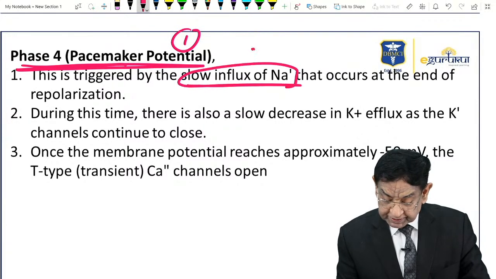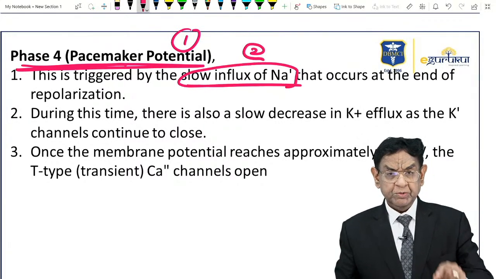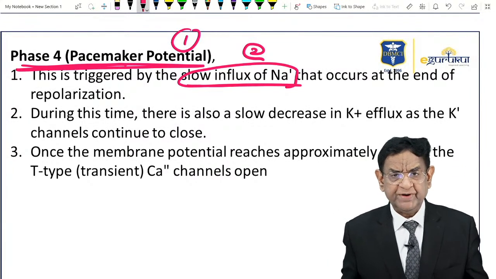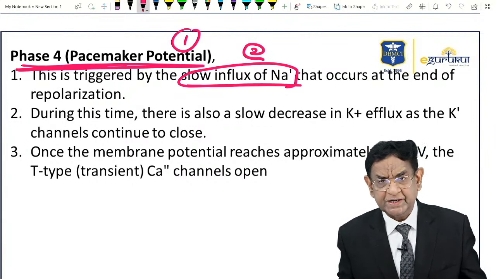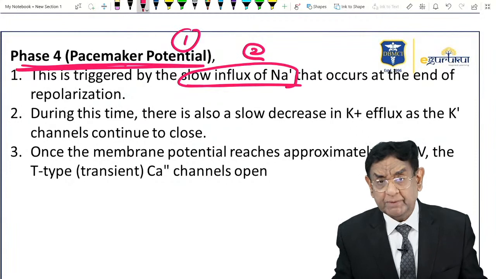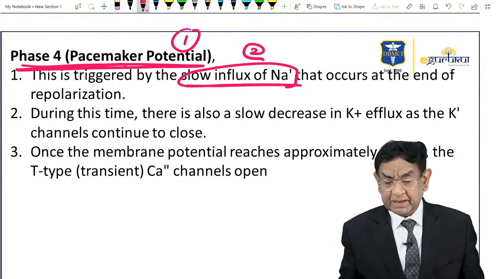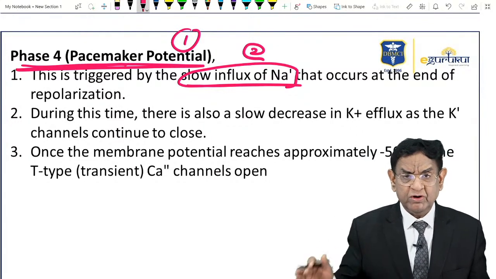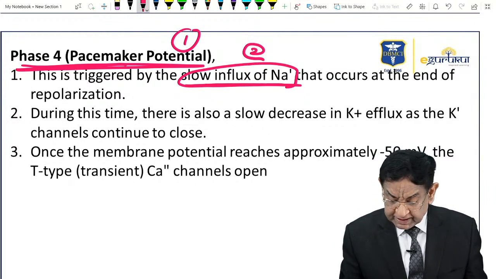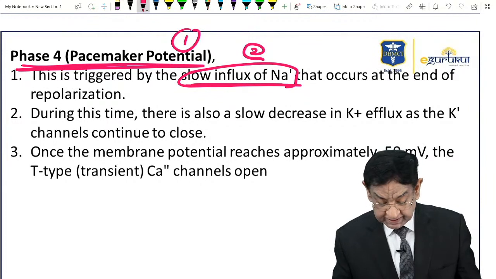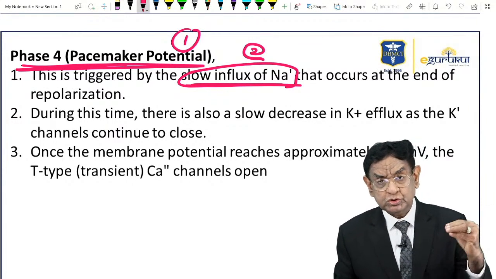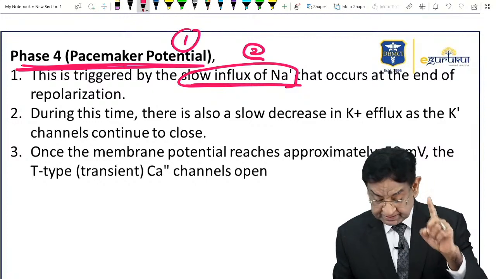Point to be noted: when we discussed in question 1 phase 0 of the normal cardiac tissue, it was rapid depolarization by sodium entry. But I am talking about phase 4 of the SA node, where it is due to slow influx of sodium. So this is a slow sodium entry, not fast.